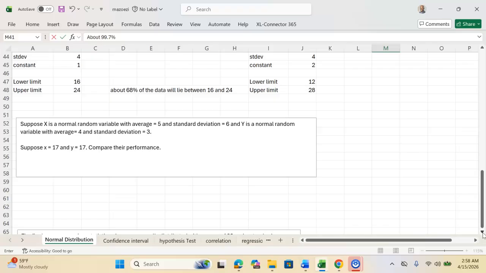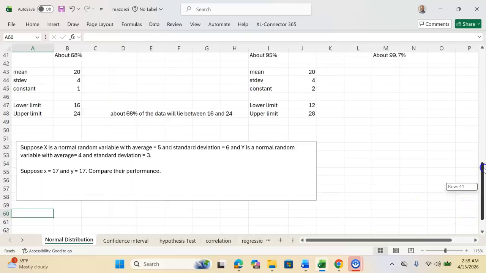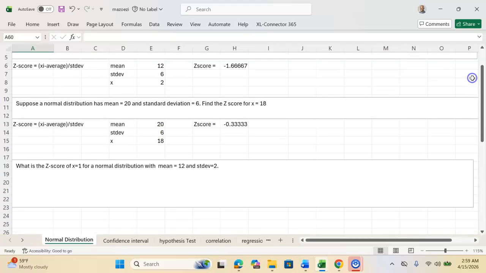So compare their performance. We can bring all of them into one scale, and we can do so by finding the Z value. So remember, our formula for the Z value is the one that we had here.